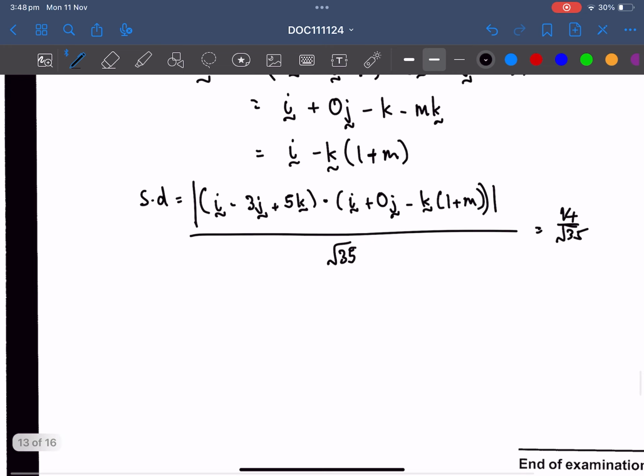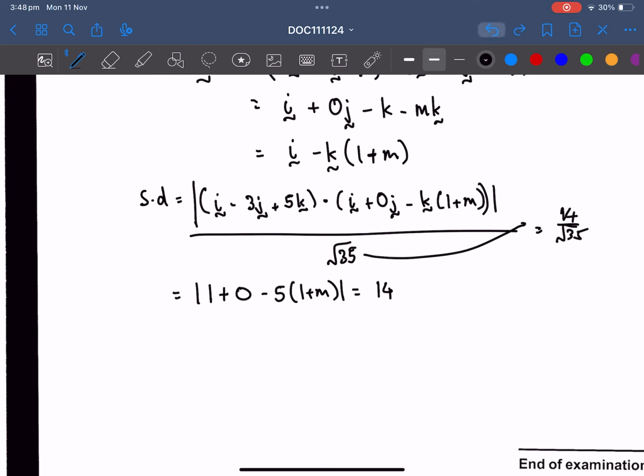Okay, so then we'll get 1 minus 5 times 1 plus m is equals to 14, because we just move this to the other side, and this and this will cancel out.